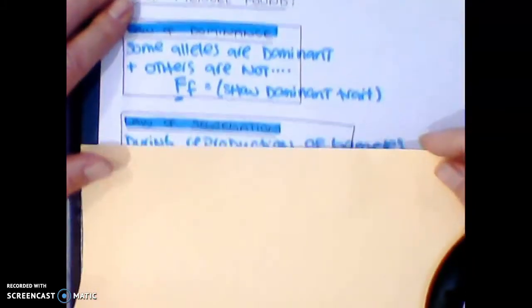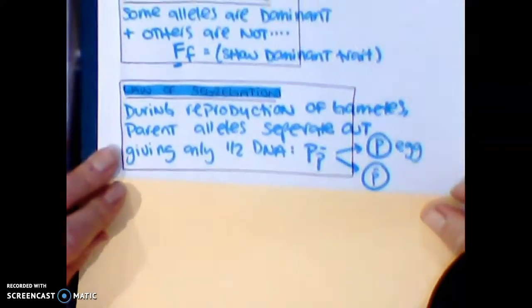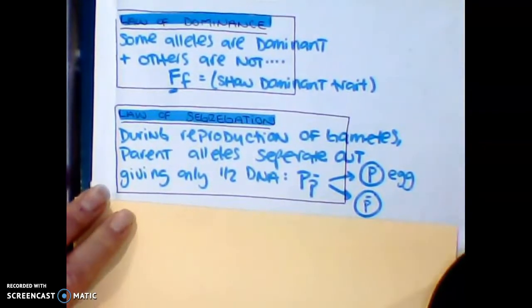What Mendel also discovered is what we refer to as the law of segregation. This is when, from our first lecture, your parents only give you half of their genetics. Segregation means to separate.